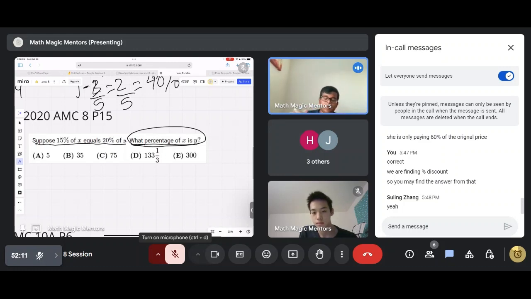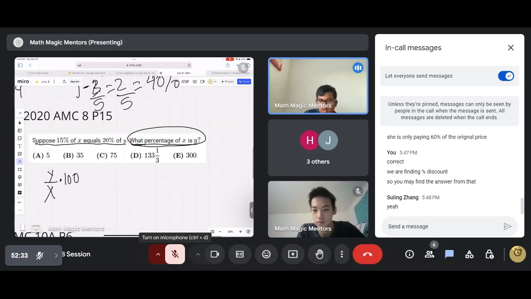It says what percentage of x is y. So what the problem is actually saying is you have x, and how much of that x is y? This is what the problem is asking you to find. And then for the percent, you multiply that by 100.